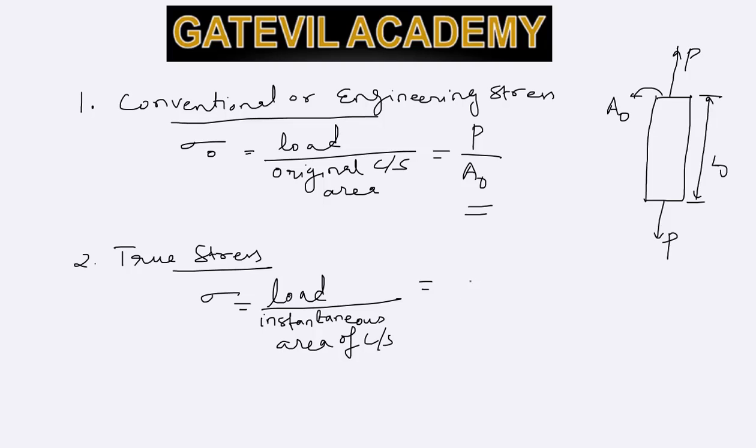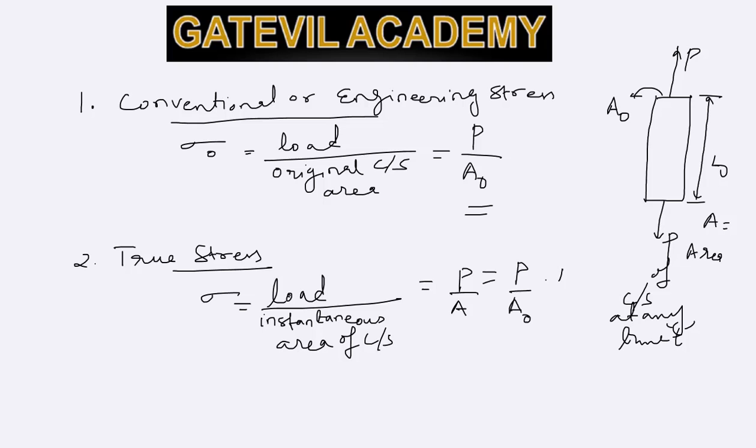This is equal to P by A if A is the area of cross section at any time t. So further we can write P by A as P by A naught multiplied by A naught by A, just by multiplying and dividing by same term A naught.